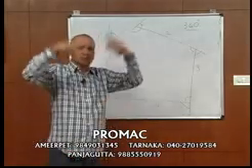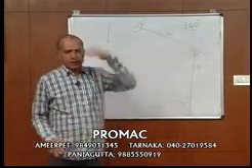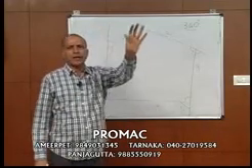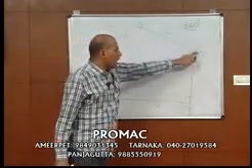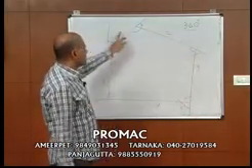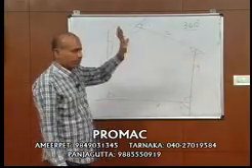Whether you take a 20-sided polygon, 10-sided polygon, 100-sided polygon, 1000-sided polygon, sum of all external angles is always equal to 360.